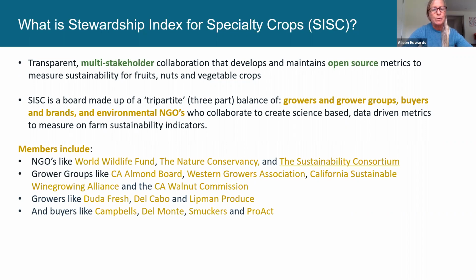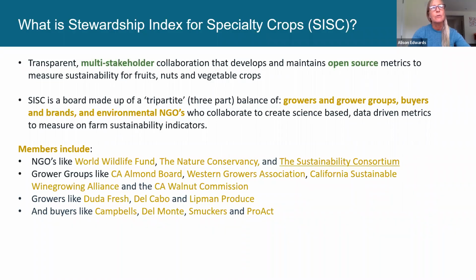It's just important to note that we have big growers and grower groups at the table here who help us create metrics that actually work for growers and as internal management tools for growers first and foremost, and secondarily as a way to communicate that performance across supply chains in one way.